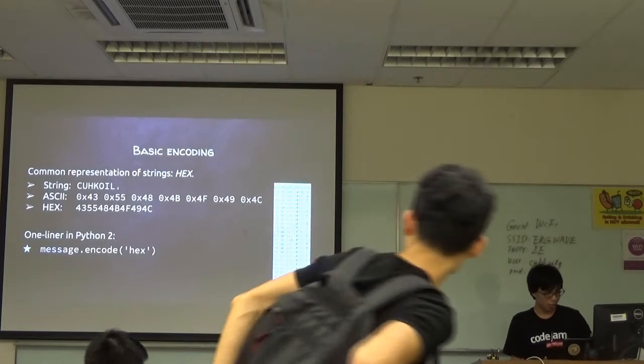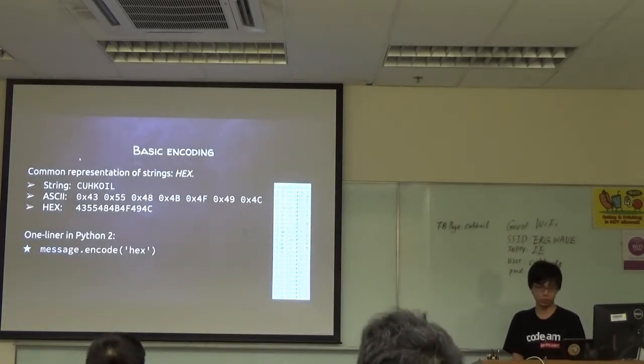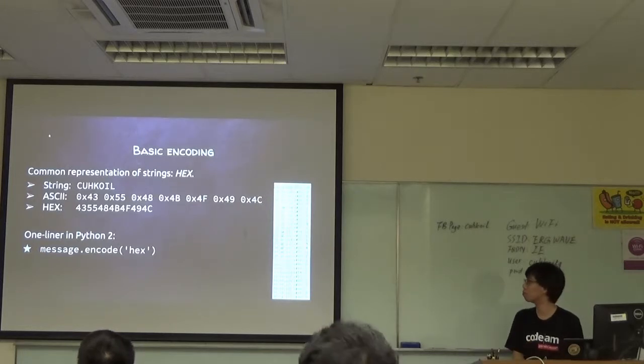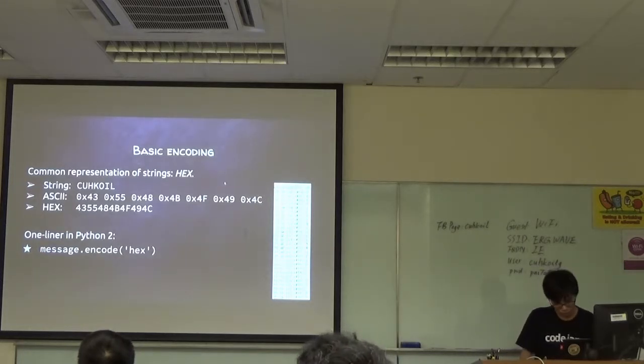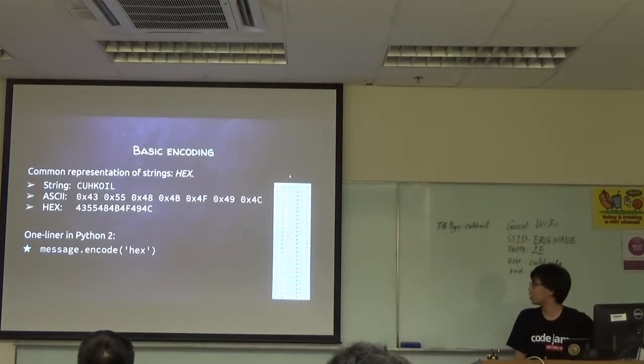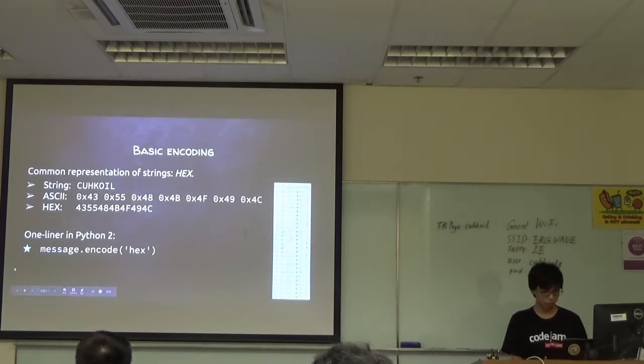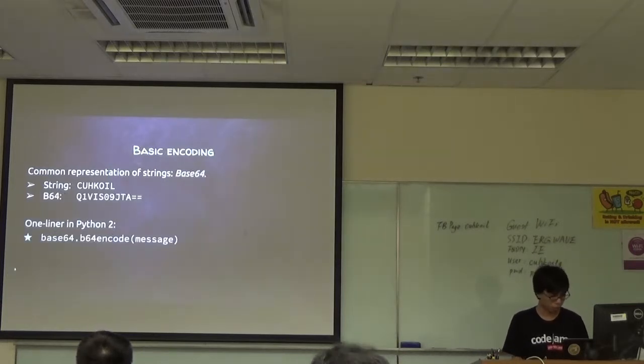And to convert a string to hex is very simple. How? It's just converting the ASCII value from base 10 to base 16, and nothing more. You could do it in one line using Python 2, as mentioned here. Nothing special here, so move on.